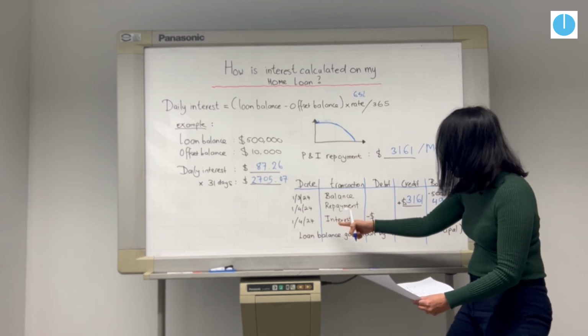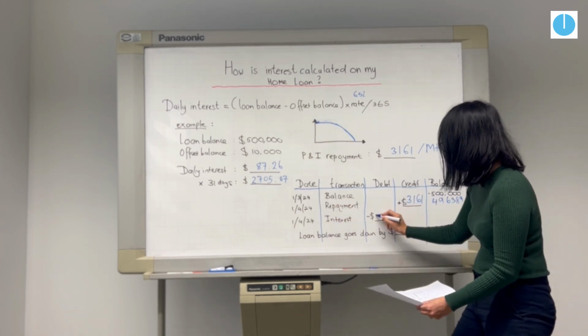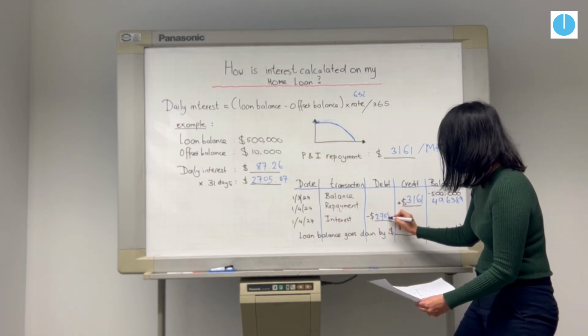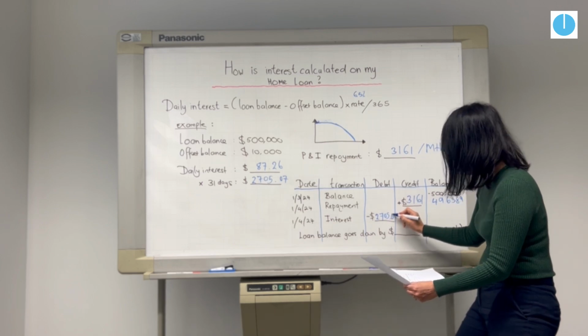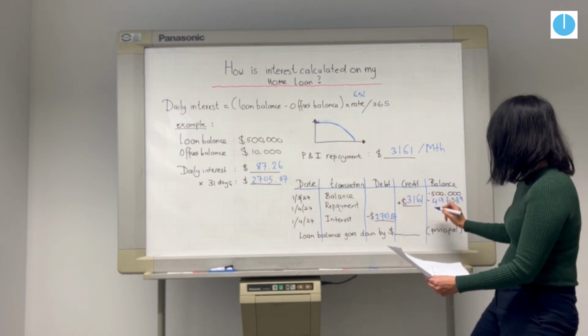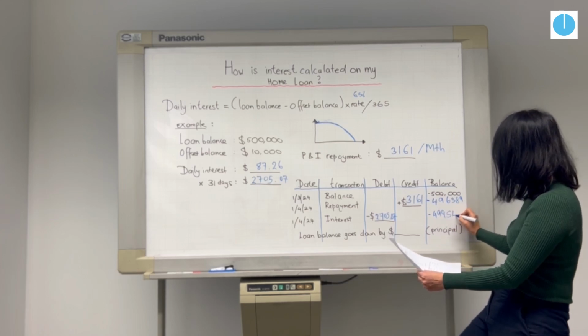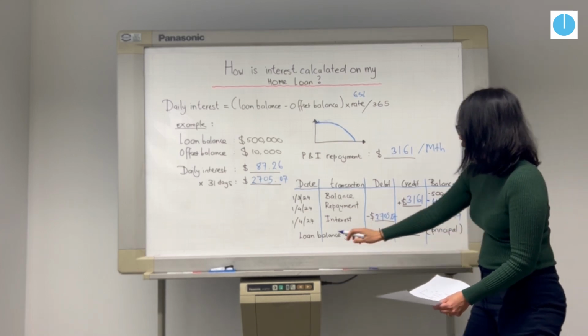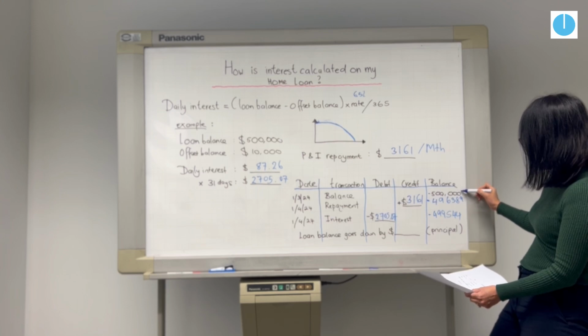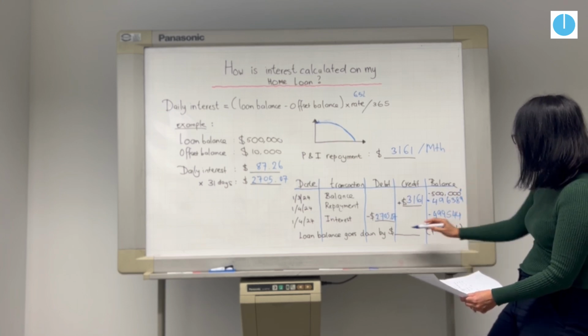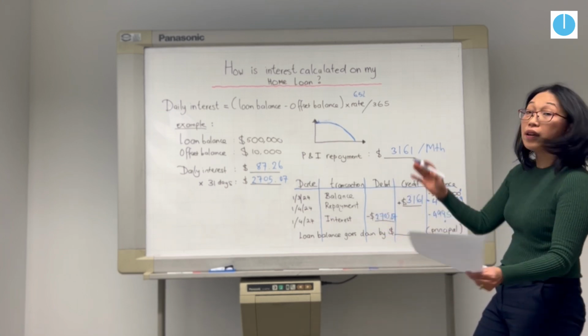But then the interest gets charged, which is the full month, 2705.07. That will make the balance 499,544. The difference between this balance and that balance is how much your principal is reduced.